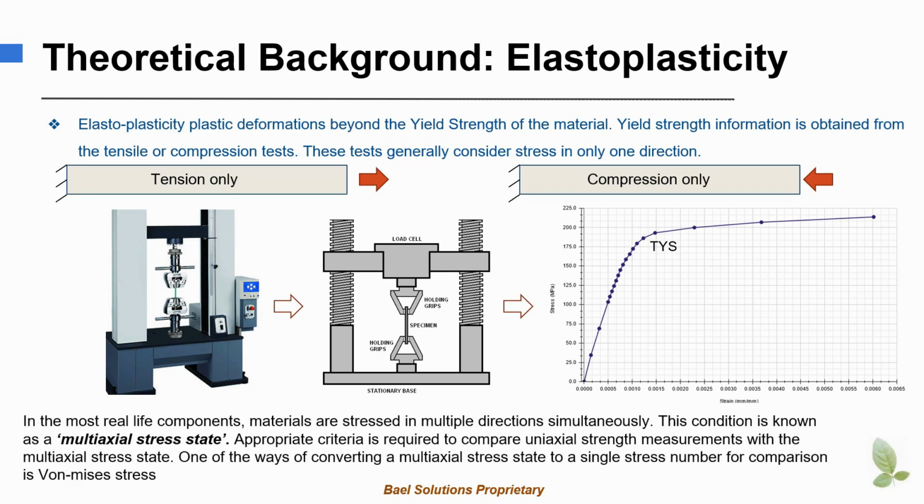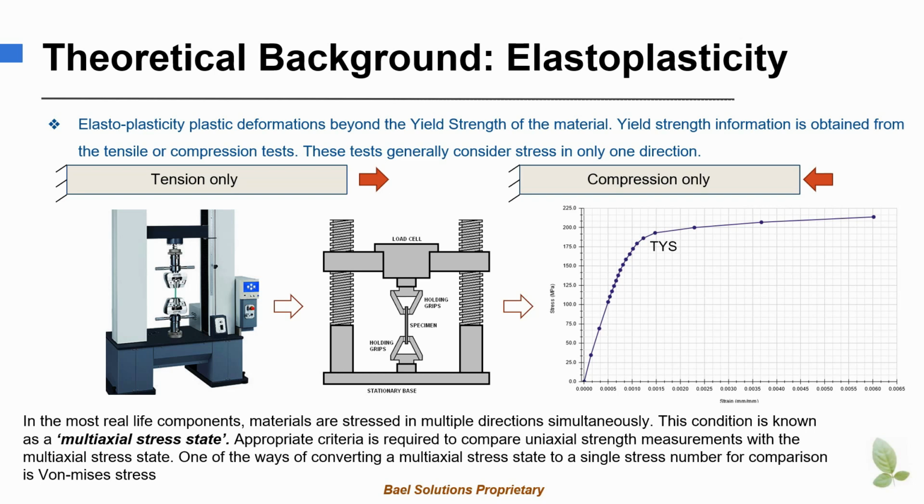Most structures experience loads in multiple directions at the same time. This results in different magnitudes of stresses in different directions. This condition is known as the multi-axial stress state.